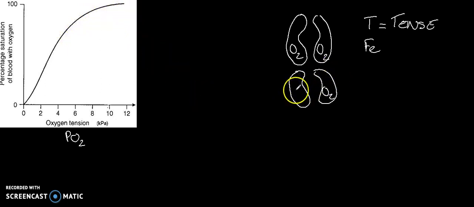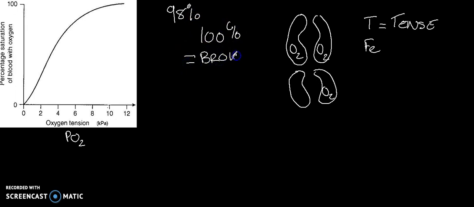When you start to get up here to where the curve starts to flatten out, you're playing a numbers game. Most of the oxygen that's going to be bound to a hemoglobin molecule is already bound to it. So it's a numbers game about finally binding this last oxygen onto the hemoglobin, which is precisely why you are never, as a human being, more than about 98% saturated with oxygen. If you ever put a pulse oximeter on your fingers and you see that it's showing you as 100% saturation, you need to start asking questions, because that usually means that it is broken.